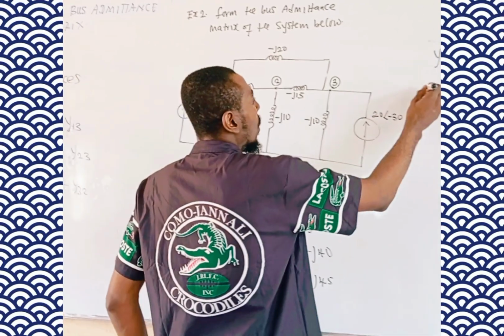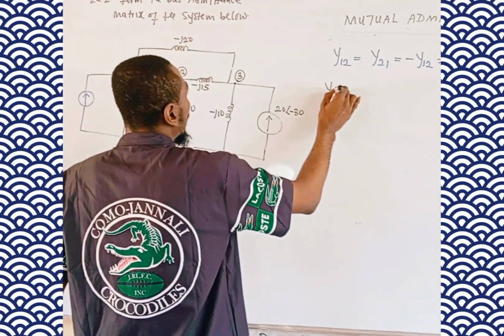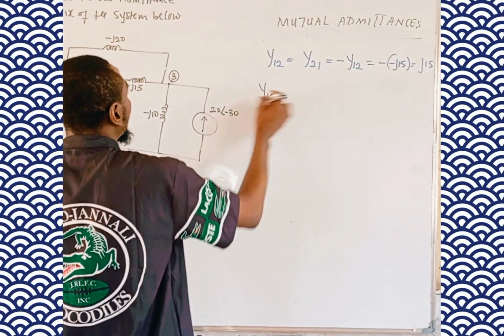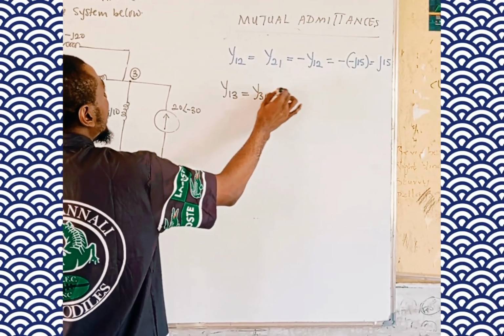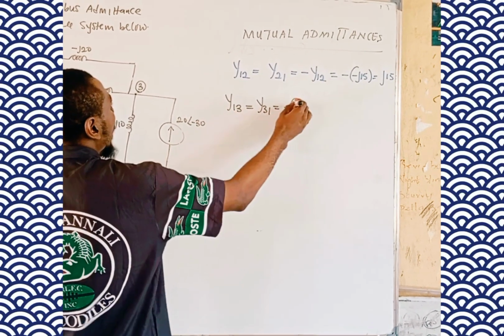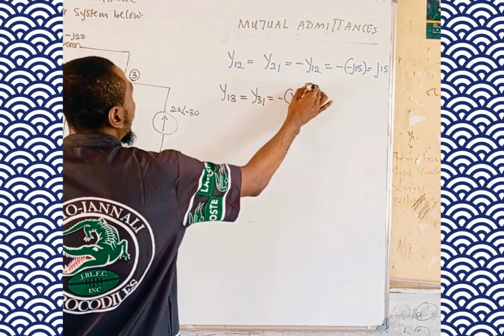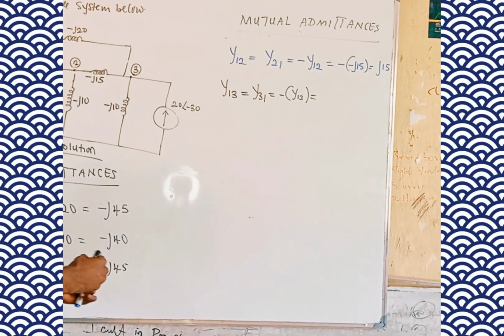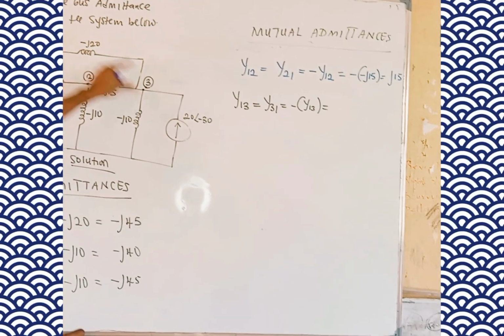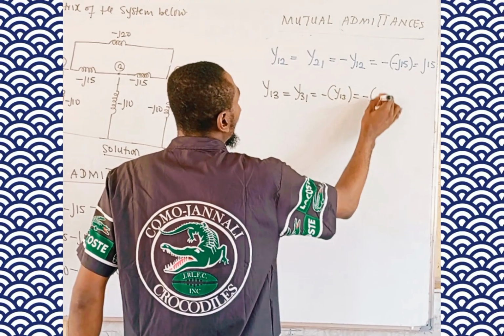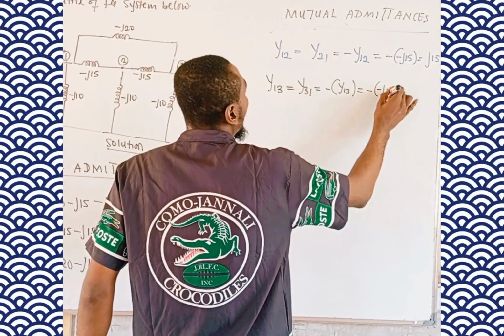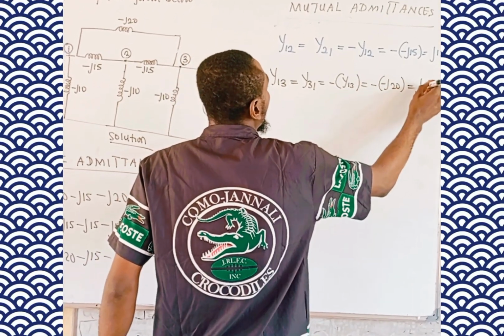So Y13 is the same thing as Y31, which is the negative of Y13. What is Y13? It is minus J20. The negative of negative J20 gives us a positive J20.